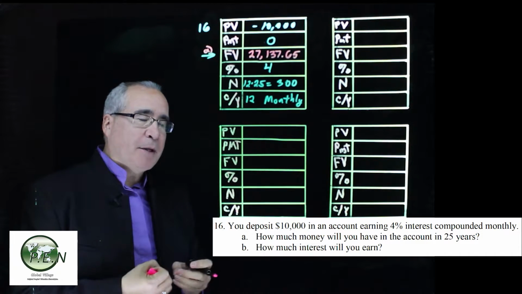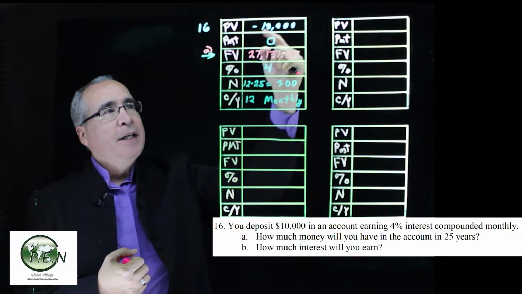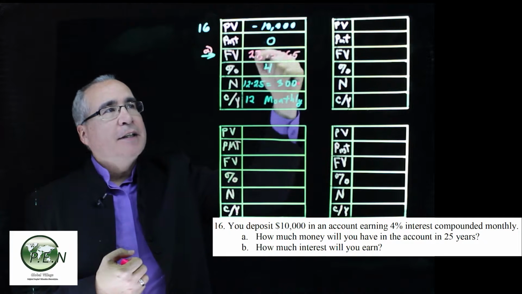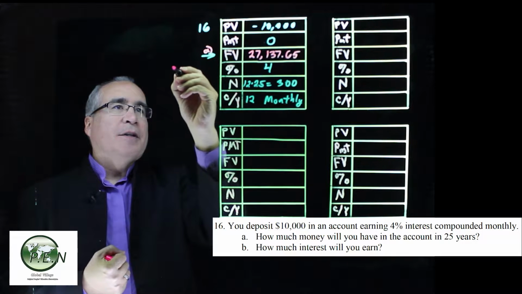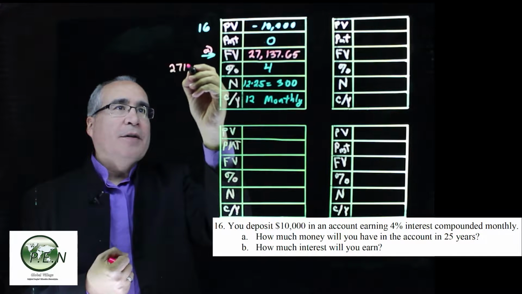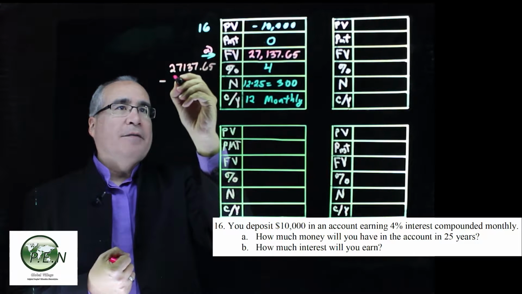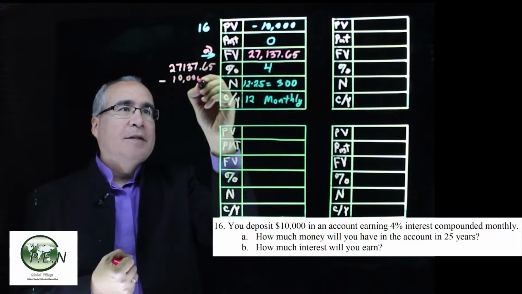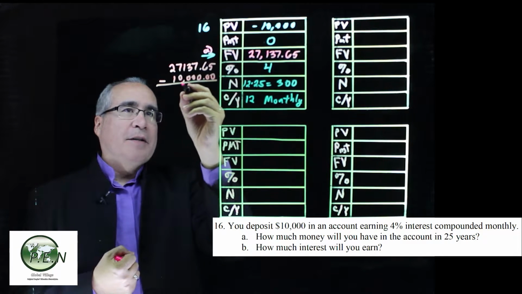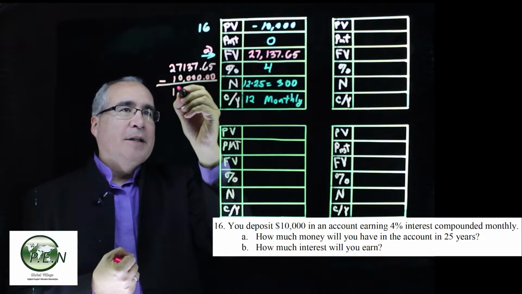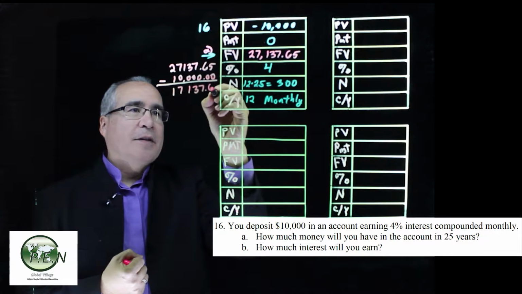The B part asks how much interest we will earn. Again, we look at what we put in and what we took out. The difference is our gain, our interest. So we start off with the 27,137.65. We subtract off 10,000, and what we find out is we've got 17,137.65.